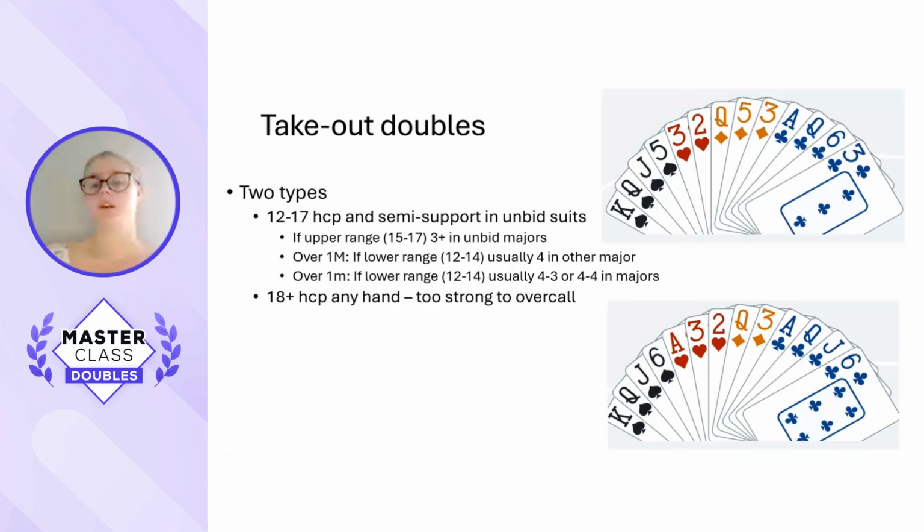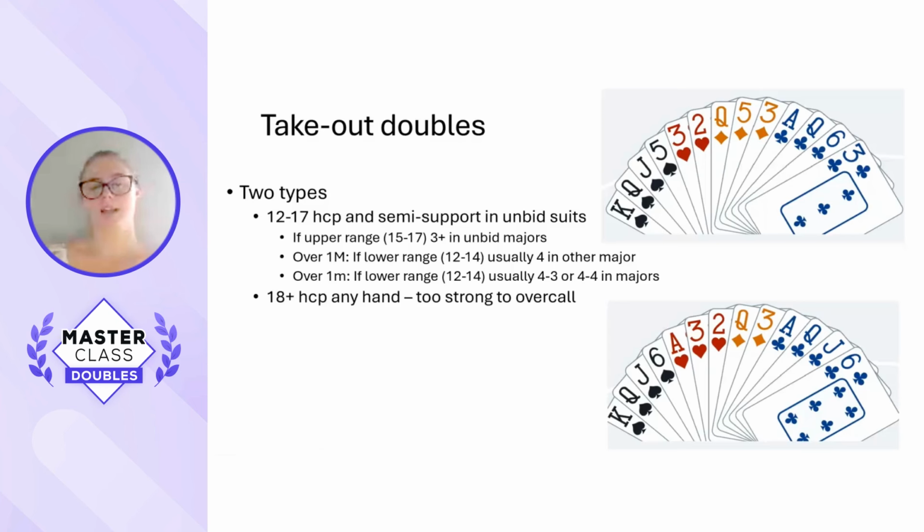So we're showing an opening hand, and we have at least semi-support in all the unbid suits, with at least 3 cards in all the unbid suits. And we're asking partner to bid their longest suit. We're going to talk a little bit more about responses afterwards.